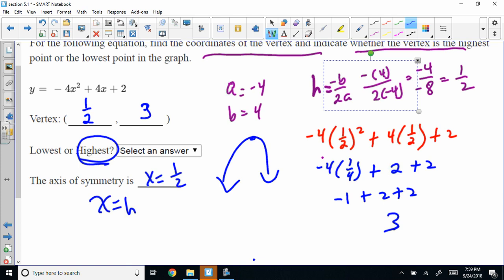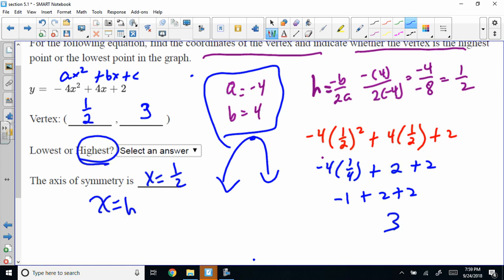Teacher, where does the B come from? Oh, right here. This is ax squared plus bx plus c, right? So the b is 4, and a is -4. I'm trying to find the vertex.